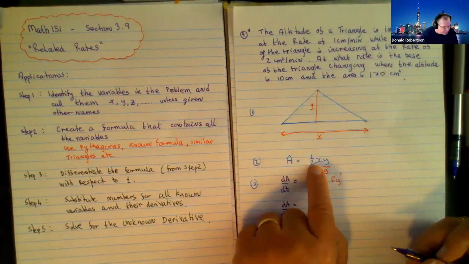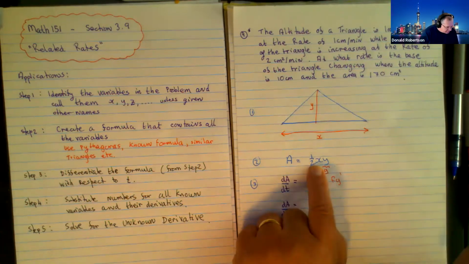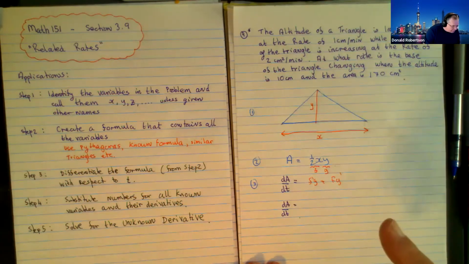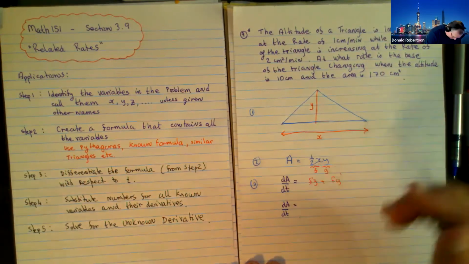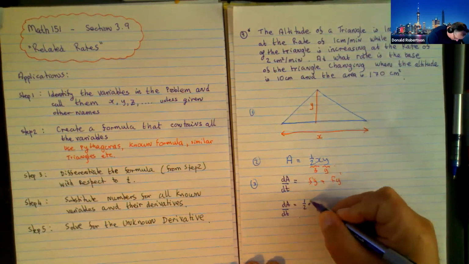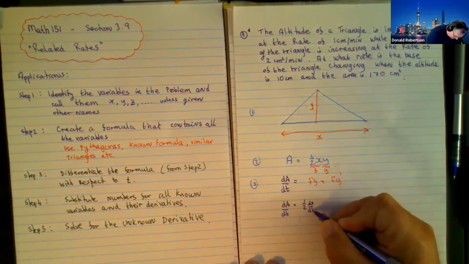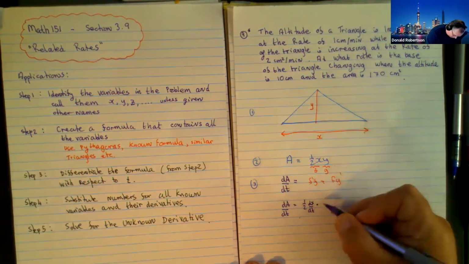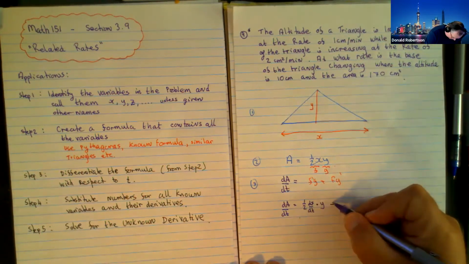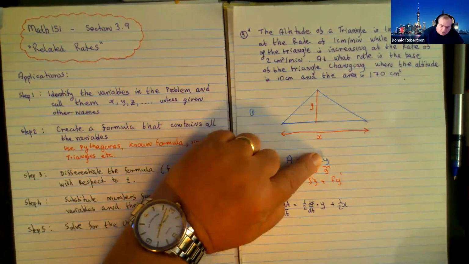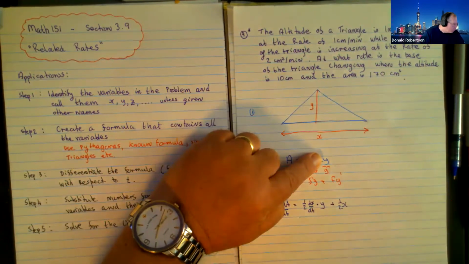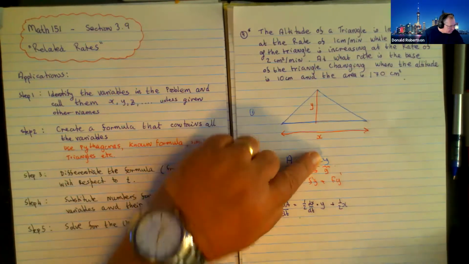If you differentiate with respect to t a half x, technically don't you get a half times dx by dt? Times y, which is that guy, plus, leave that guy alone. And if you differentiate y with respect to t, technically don't you get 1 times dy by dt? So we just call it dy by dt.